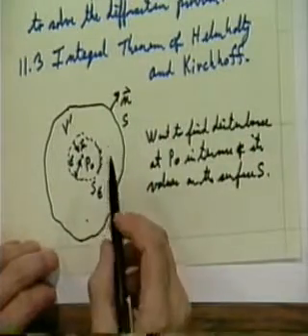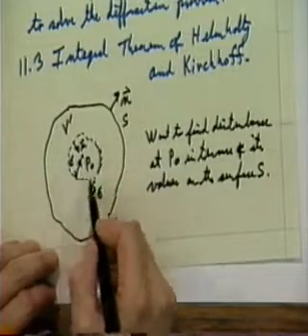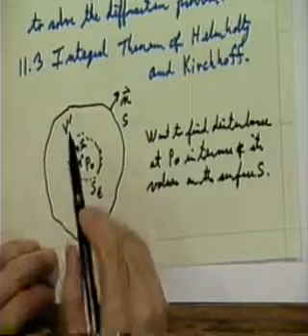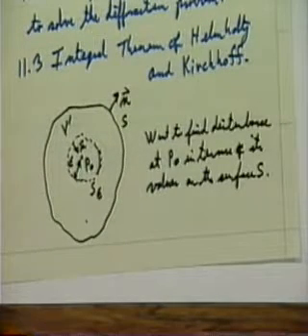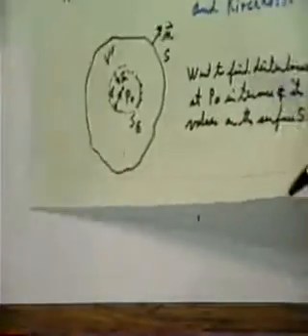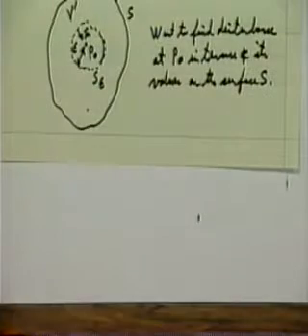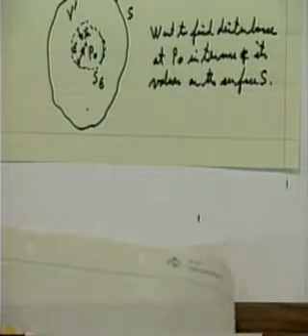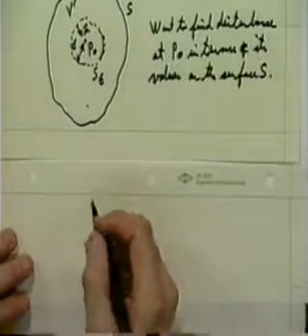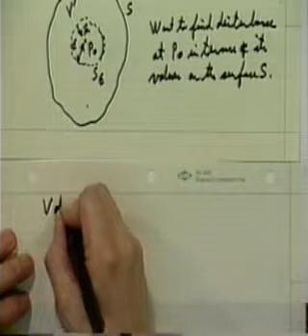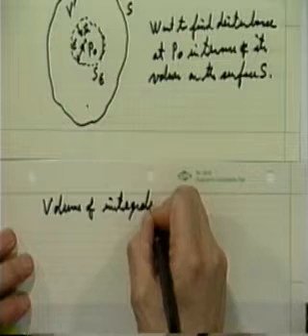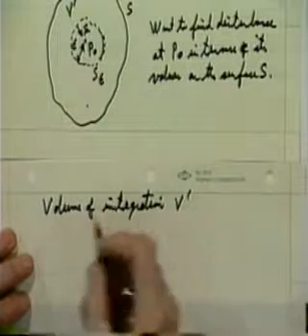So the surface we're integrating over would be this surface plus this surface, and the volume will be what's in between the two, or V prime. Maybe I should write that down. The volume of integration is V prime.